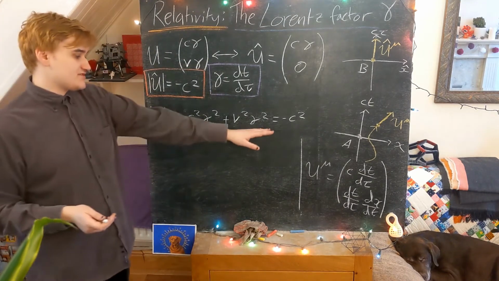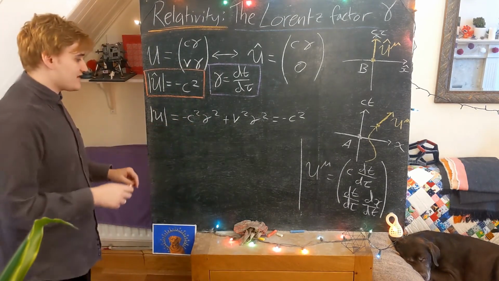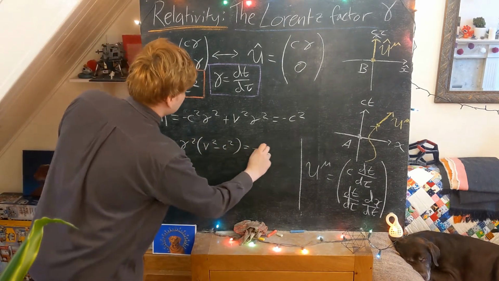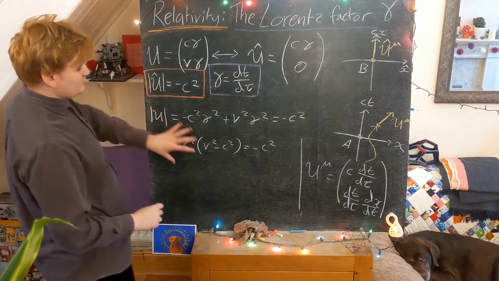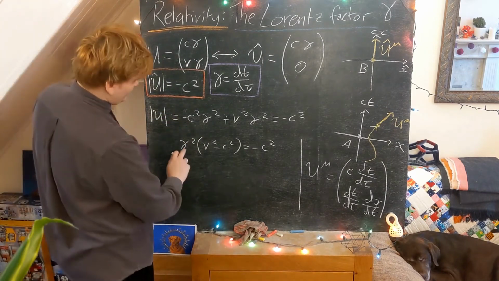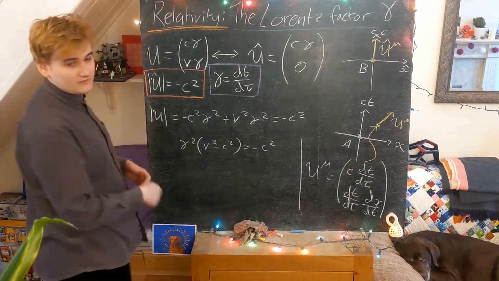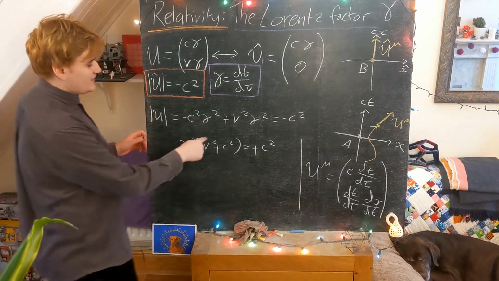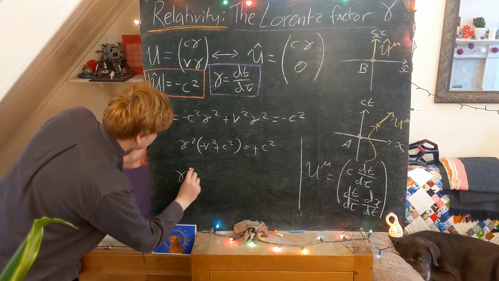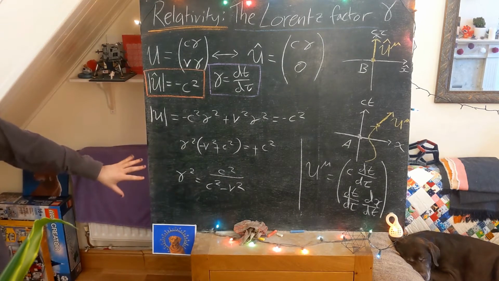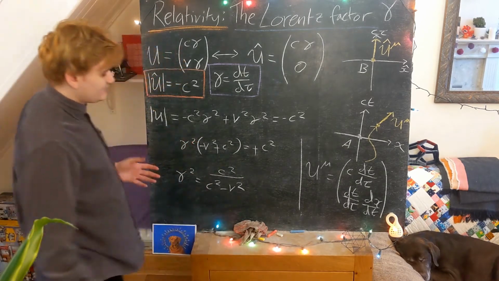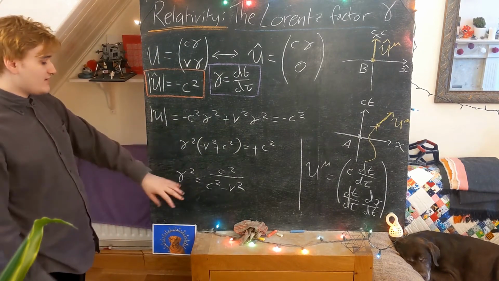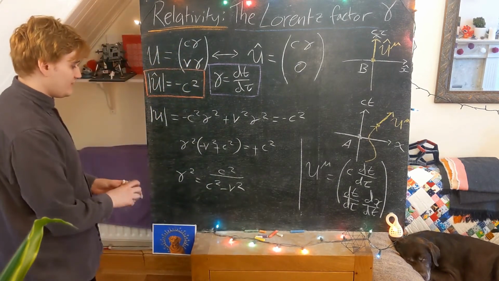And now we can just do some algebra, rearrange this expression. So if I collect the gamma squareds on one side, and if I now divide by, well, I'm first going to multiply by -1 to change these around, and then I'm just going to divide by this bracketed expression to arrive at this. And now I can simply divide everything on the right hand side by c squared. And I'll arrive at the following.